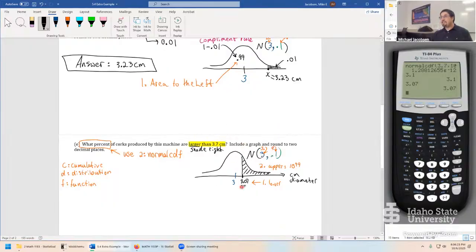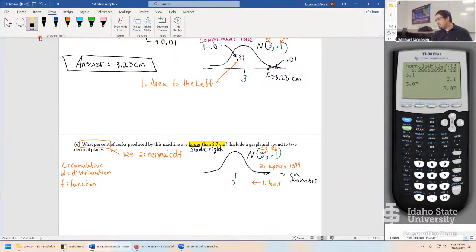3.7. Does that make sense to the folks on what the issue was with this one? Our number is right, but again, the diagram is not conveying it right. 3.7 is actually not there at all. It's way, way out to the far right. Let's see if we can fix this and get a better value out.